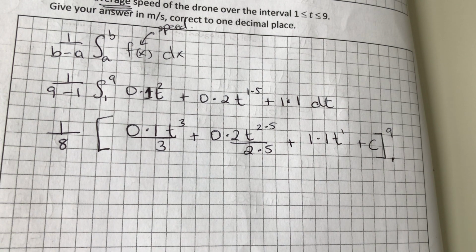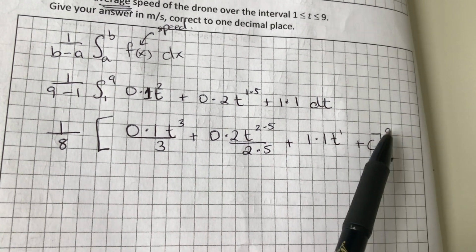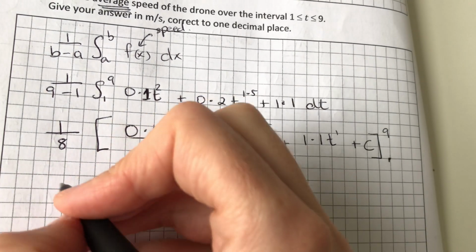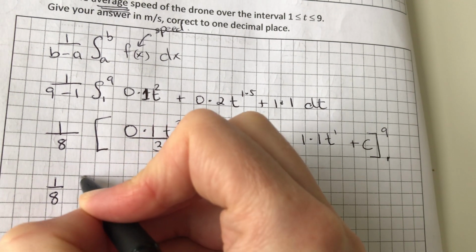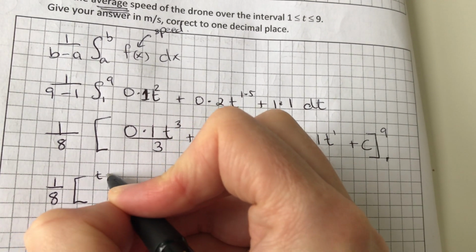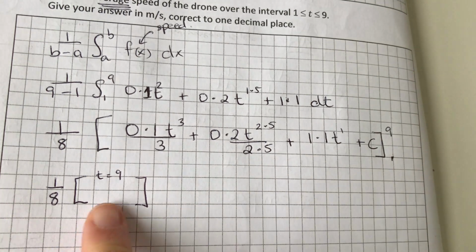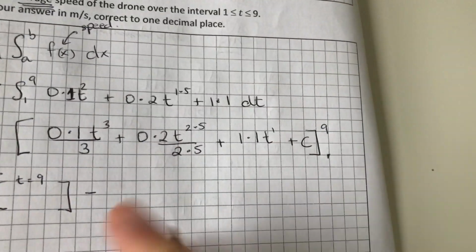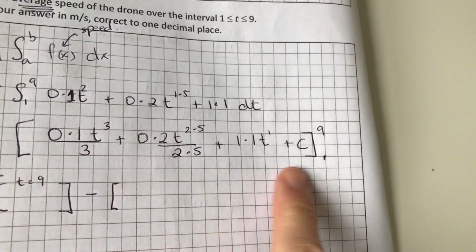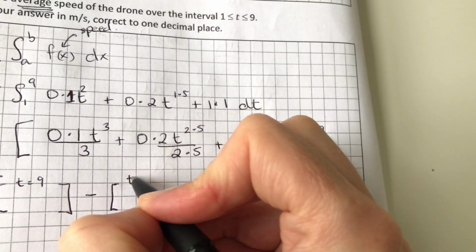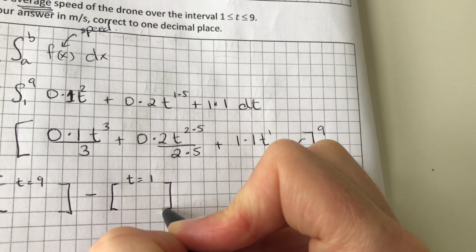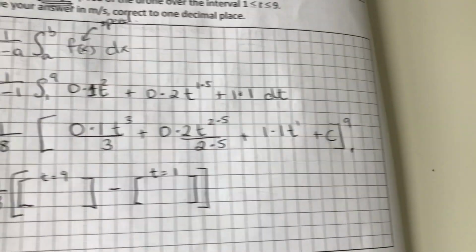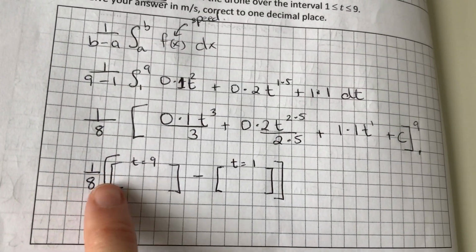So you're going to throw in, when t is 9, so t is 9, you throw it in, minus, same thing, when t is 1, and then when you have your answer, you're sort of getting an eighth of that.